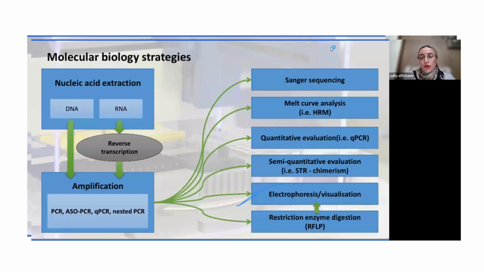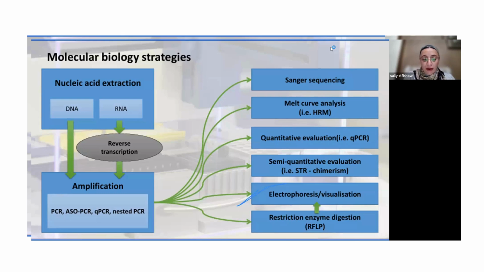So to summarize, all the molecular techniques go through these basic steps. We have to extract our nucleic acid, either DNA or RNA, from our sample. For the DNA, we go for amplification directly. For RNA, we have to add a reverse transcription step.